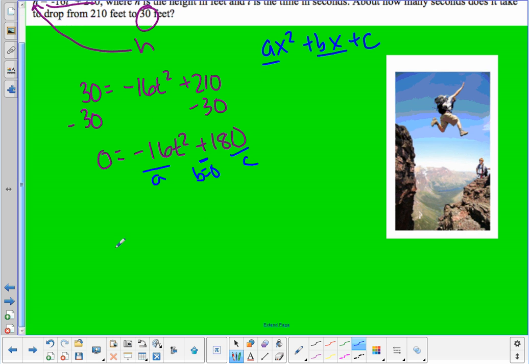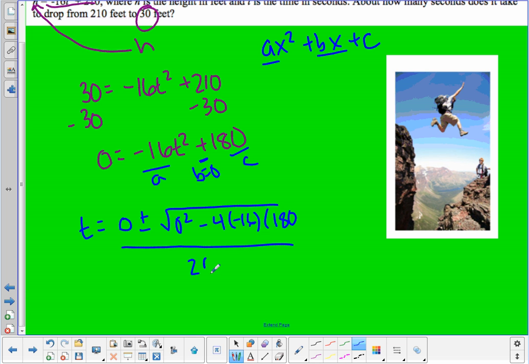Now I'm going to plug this into the quadratic formula. So I have t is equal to the opposite of b, that's 0, plus or minus the square root of b squared, 0 squared, minus 4 times a times c, all over 2 times a.